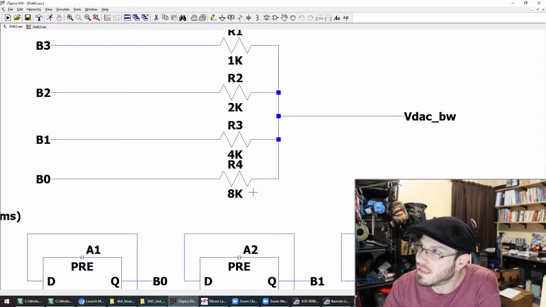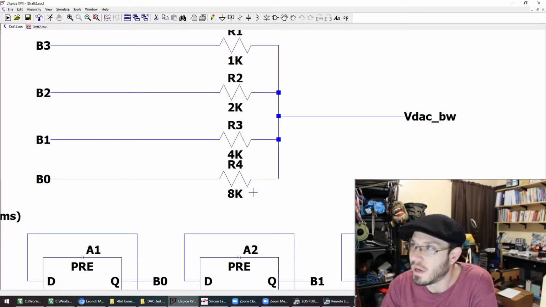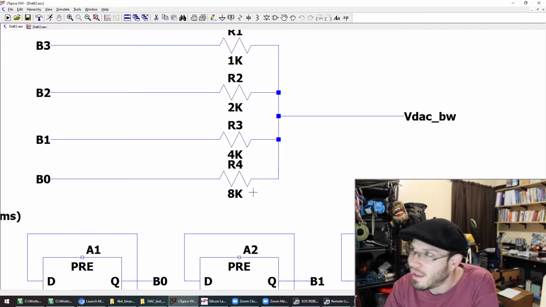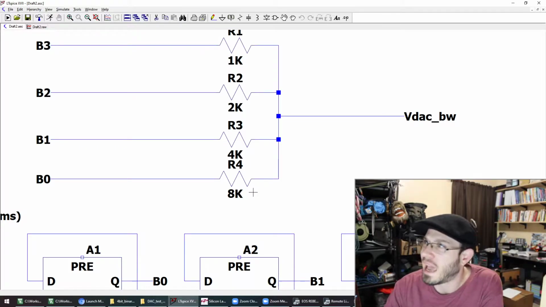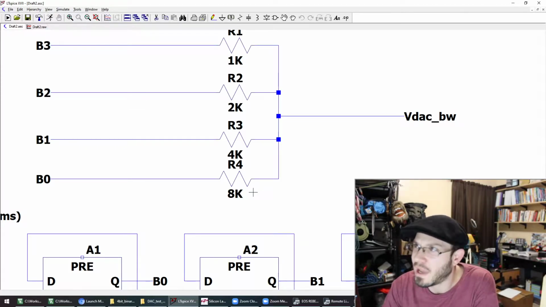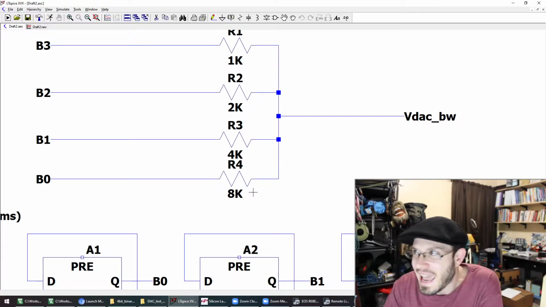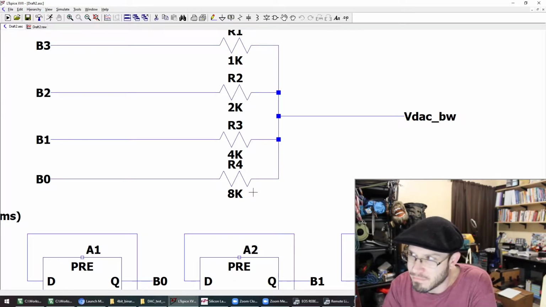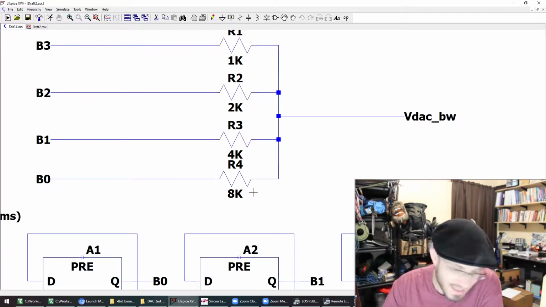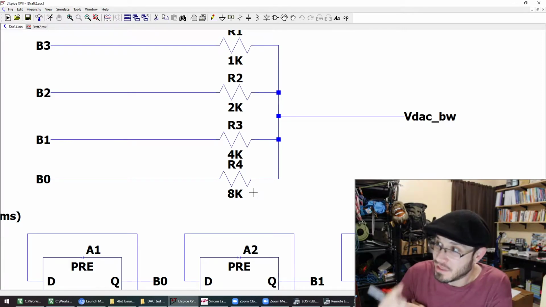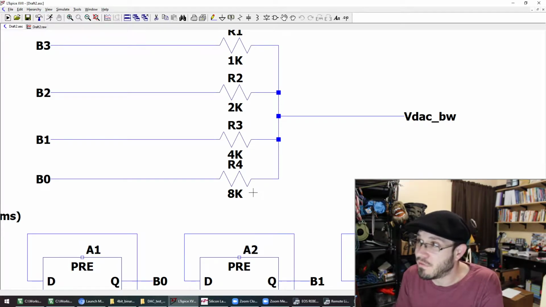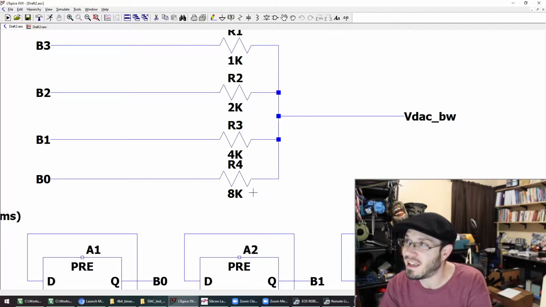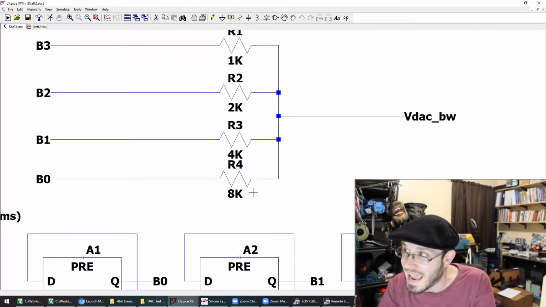The other problem is, if you've noticed in your resistor kits, you don't have a 1K, well, you do have a 1K, you may have a 2K, you probably don't have a 4K, 8K might be unobtainium, 16K. Finding those precise values is just a difficult thing to do, and if you're making an 8-bit digital to analog converter, you're going to need 8 very specific values.